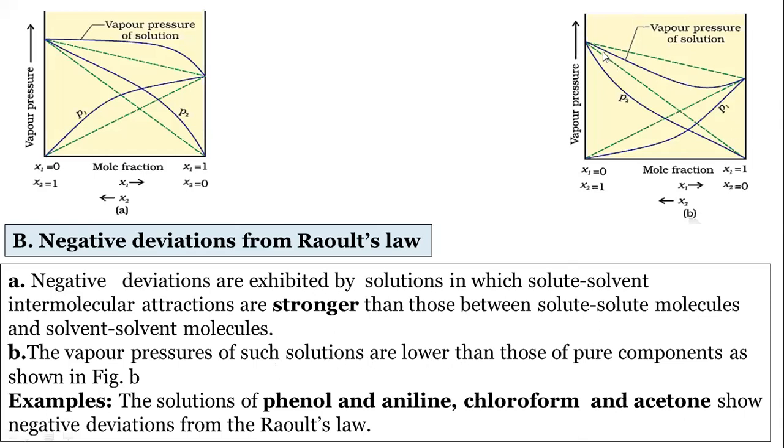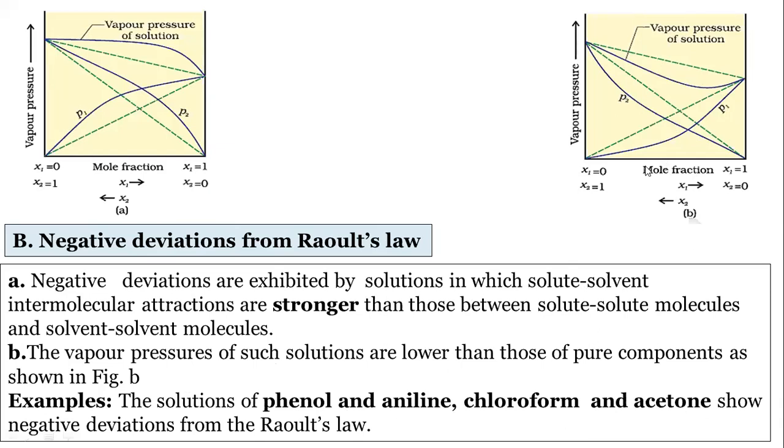In this diagram, we can see the vapor pressure of these solutions is lower than the vapor pressure of the pure component. It is shown in figure B. So figure B is negative deviation from Raoult's law, and figure A is positive deviation from Raoult's law. Examples given: phenol and aniline, chloroform and acetone.